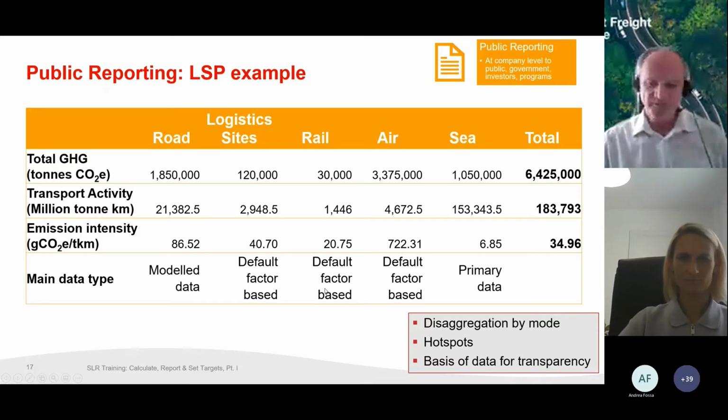This is just an example of a public reporting template.